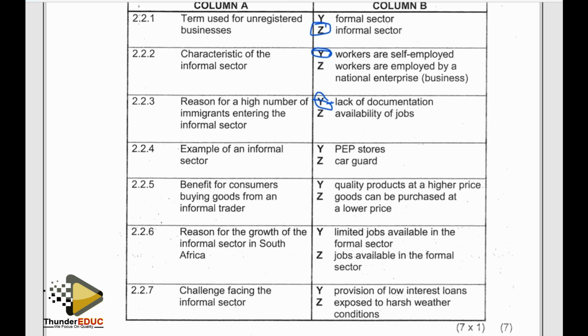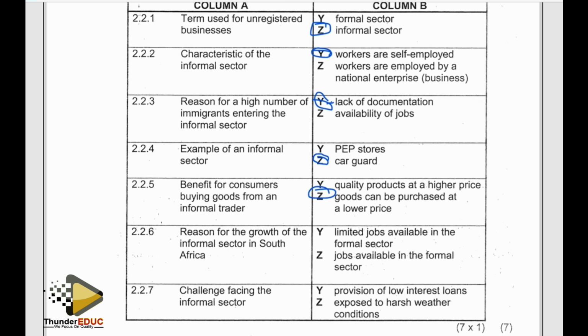We cannot say it's informal, but car guarding, the car guards, that is an informal sector. Then we move on to 225, benefit for consumers buying goods from an informal trader. Why is it beneficial for buying goods from an informal trader? The correct response is Z. Goods can be purchased at a lower price.